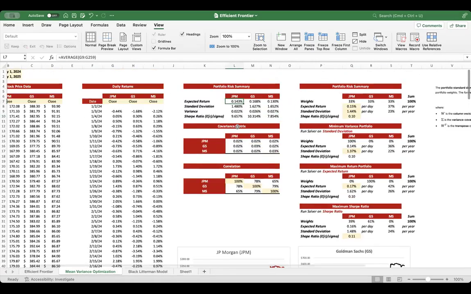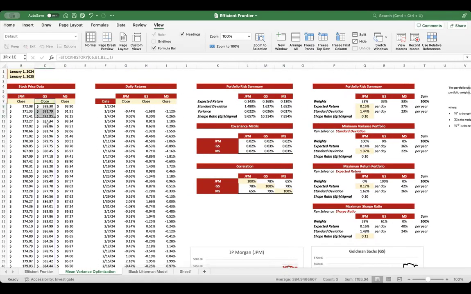If you look here, from 388 to 381, we see a negative. The stock is swinging in the negative direction. But from 381 to 382, it is swinging in a positive direction. That's why here we have a negative return, because the stock price actually fell, but here we see a positive value because the stock actually grew.